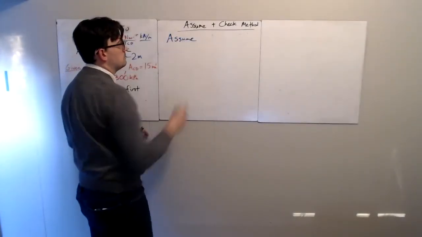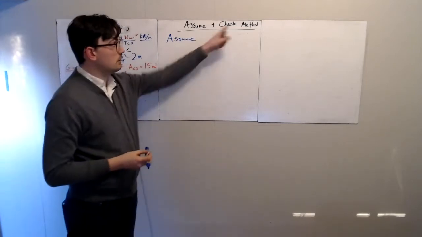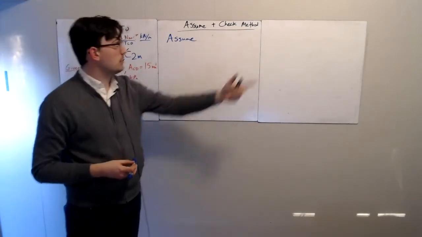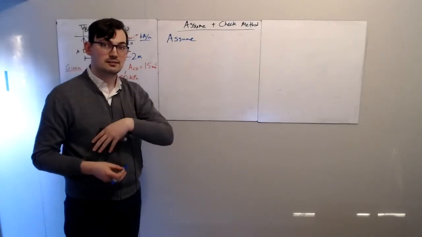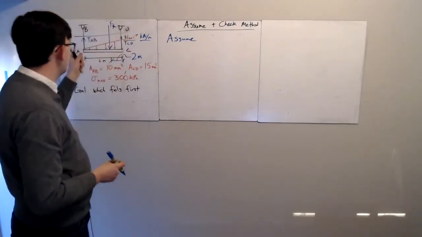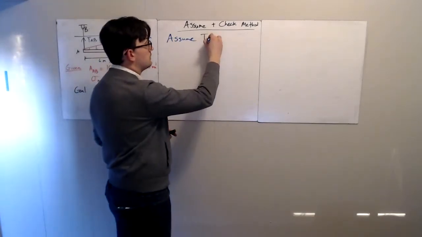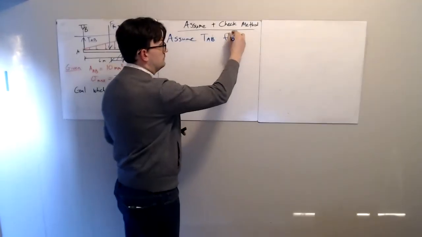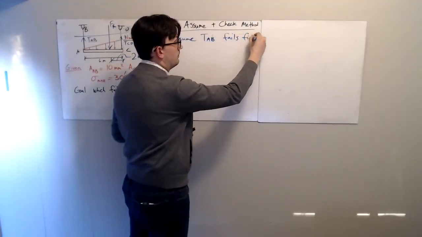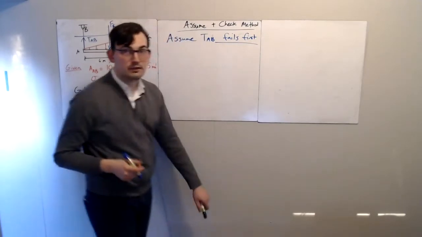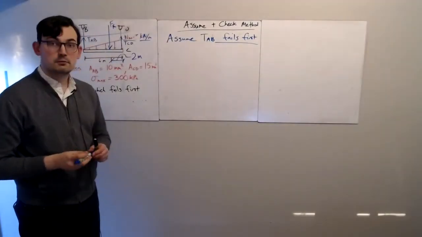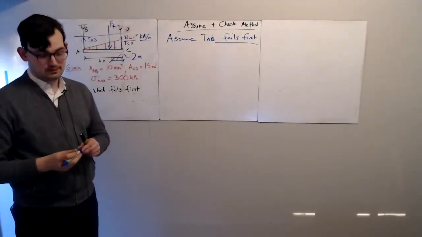And when we assume, we've always got to go back and check. That's why it's the assume and check method. It's not assume and you're done. It's assume and check. So we're going to assume TAB fails first. If it fails first, we can figure out what TAB max is.